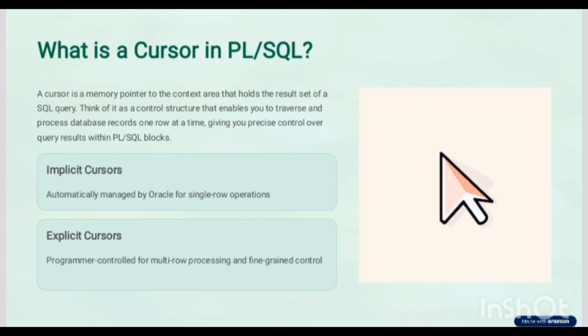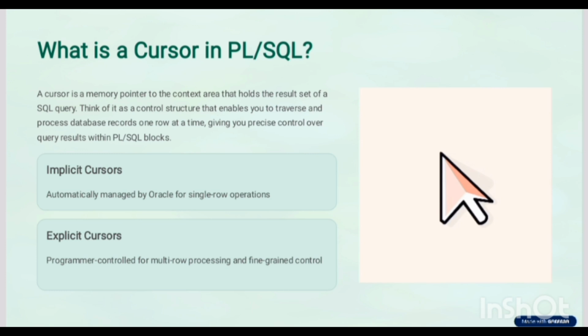Oracle automatically creates the implicit cursor whenever a SQL statement is executed. For example, if you write a select statement or select into statement that returns a single row, or if you run an update or delete statement, Oracle internally creates and manages a cursor for that operation.